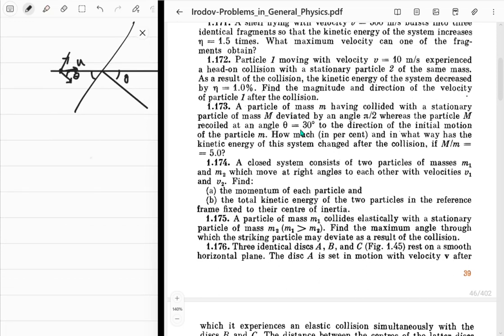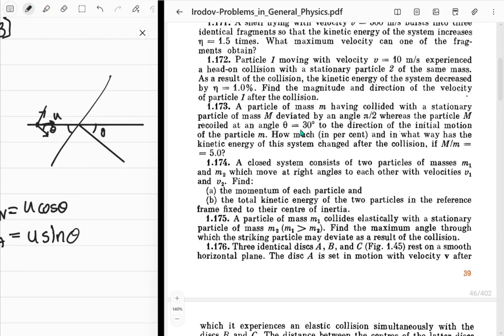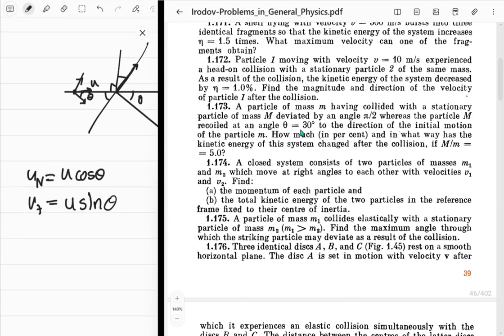So the normal velocity was just u cosine theta, and so this is like u normal, and u tangential was u sine theta, right? And so after this, oh yeah, it's pi upon 2 right there. Sorry, I almost forgot that. It's going to be 90 minus theta right there. So we know that this is just the tangential velocity.